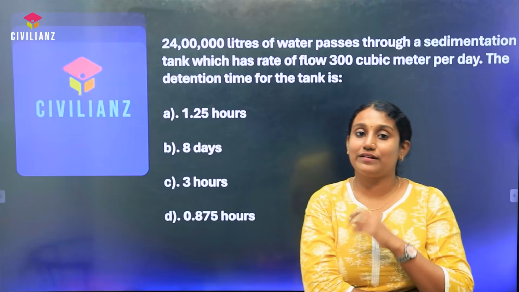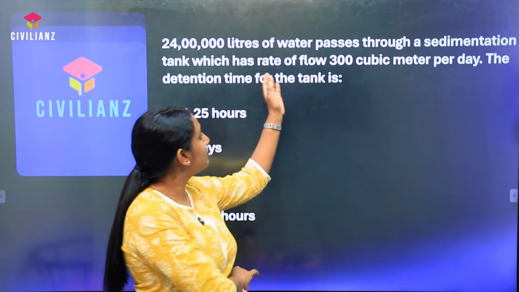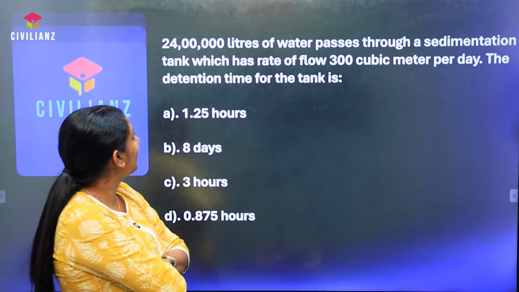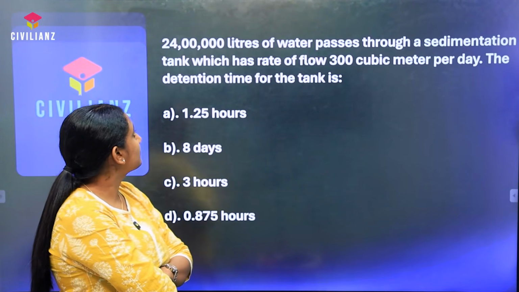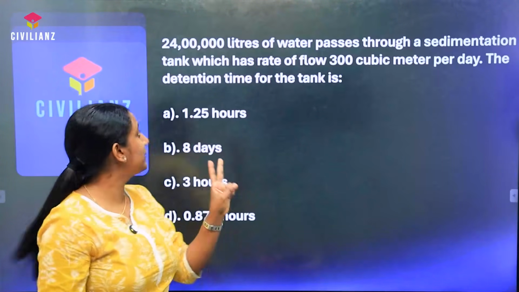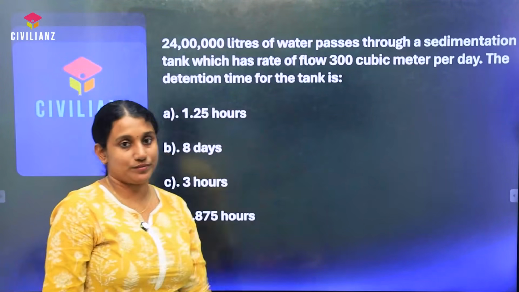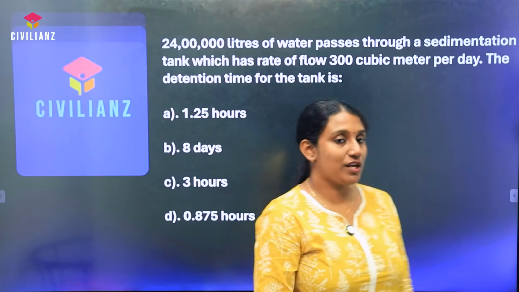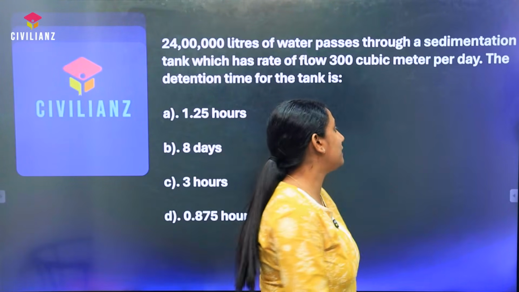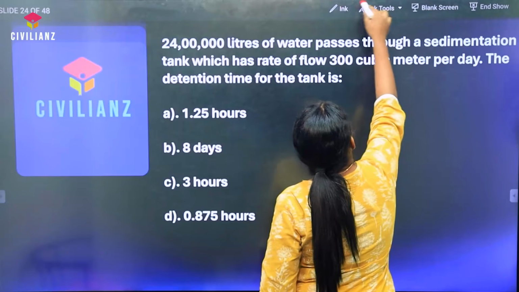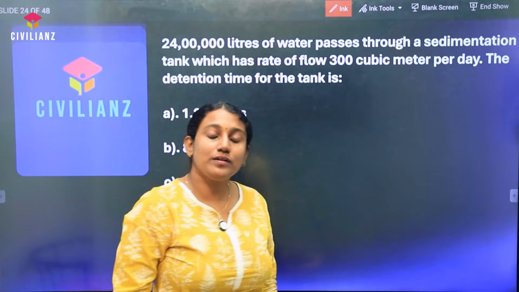We can write the answer from units also. Actually, we have only two values here, one volume and discharge values. So one basic equation is there. Anyone tell the equation?